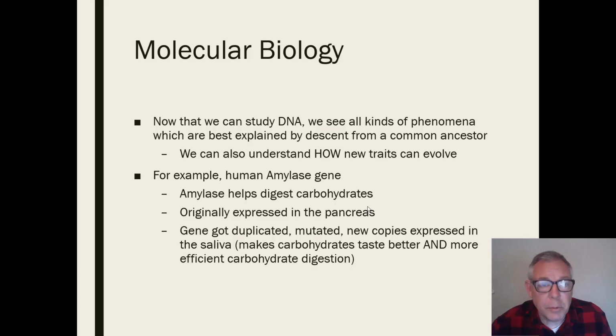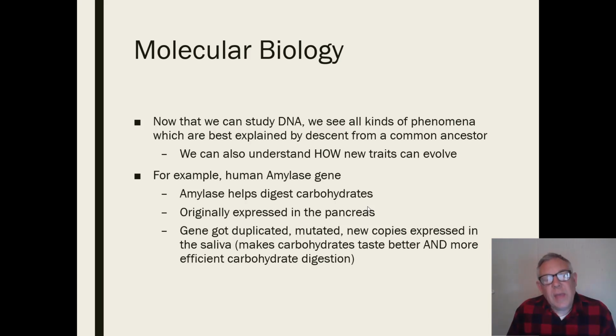A great example is the human amylase gene. I've talked about this before. Amylase is an enzyme that helps us digest carbohydrates. It breaks down carbohydrates. And originally, in our ancestors, it was expressed in the pancreas, where a lot of our digestive enzymes are created, and then they're dumped into the small intestine, and they help to break down our food.